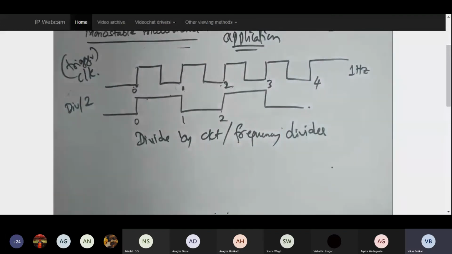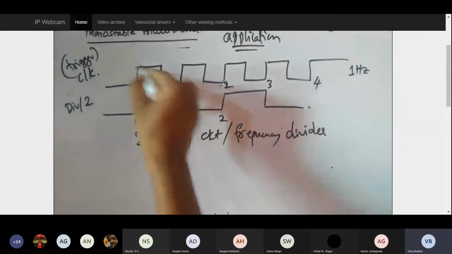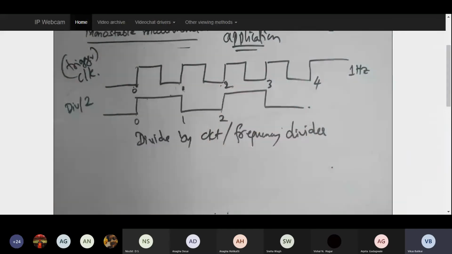Normally in a few applications, let's say I have a frequency of 1 hertz, but I need a half hertz frequency and I don't have such a clock. In that time I go with a monostable multivibrator and generate a half hertz clock, and I use that particular clock for my application. So based on my application, I can generate n different division versions of my input, and this is how I can use it as a frequency divider.